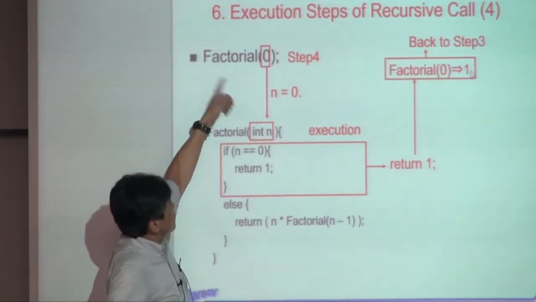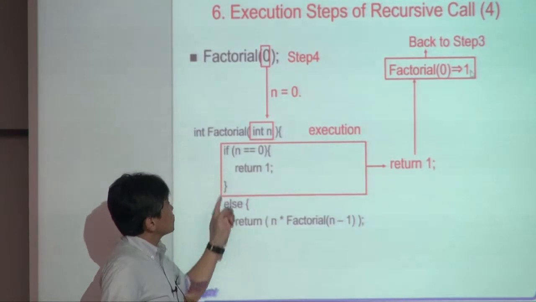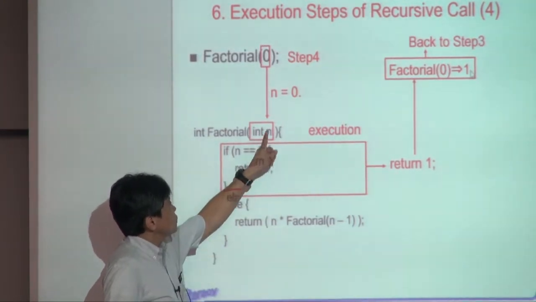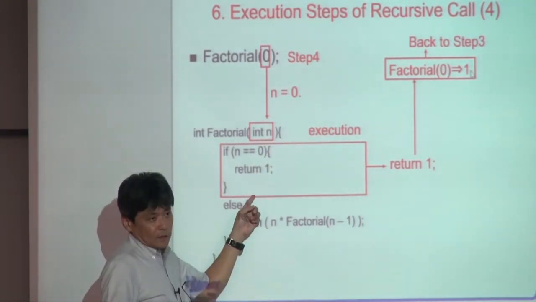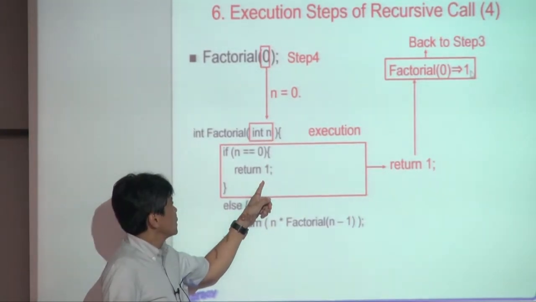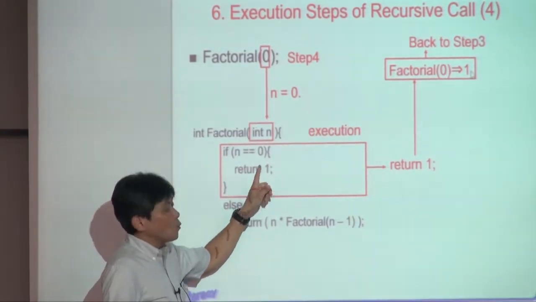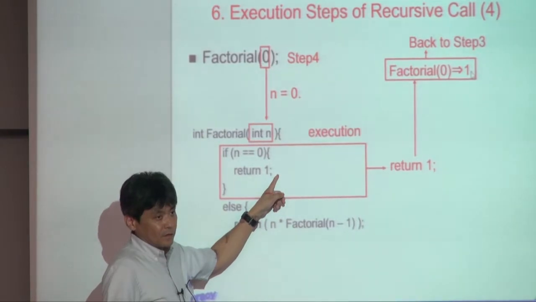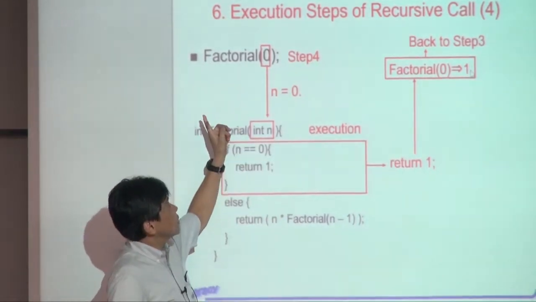For factorial 0, this function is also called, n is 0, so this part is true. So it just returns 1, the return value of factorial 0.